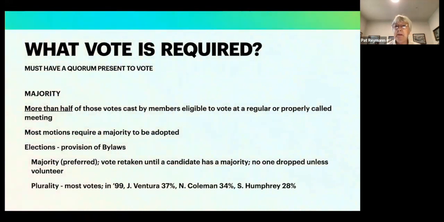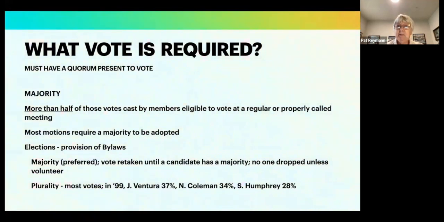Now, the other possibility instead of majority would be plurality. Some bylaws say that plurality elects, and that just means whoever gets the most votes. If you were around here in Minnesota, an adult in 1999, you may remember the governor's race that we had that year.